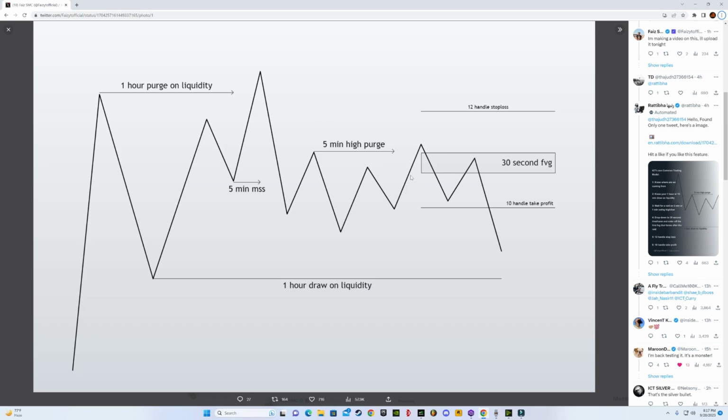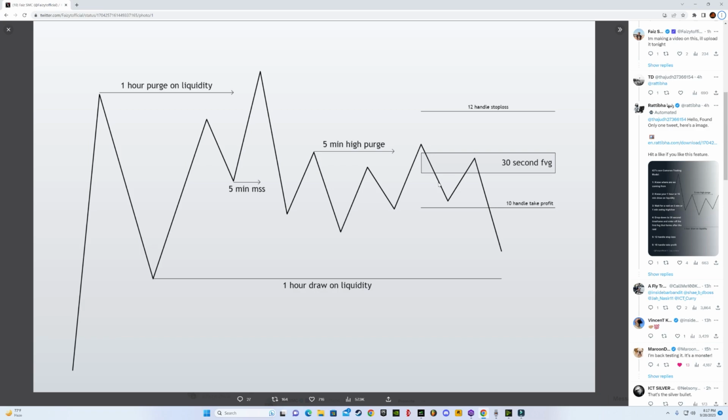Now, as soon as the price takes out the 5-minute swing high, which is right here, you drop down to 30-second time frame, and then you look for price to drop lower and create a fair value gap.